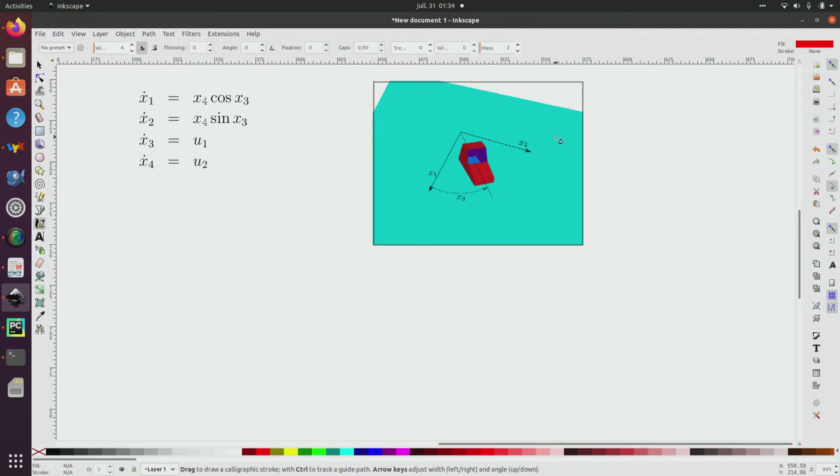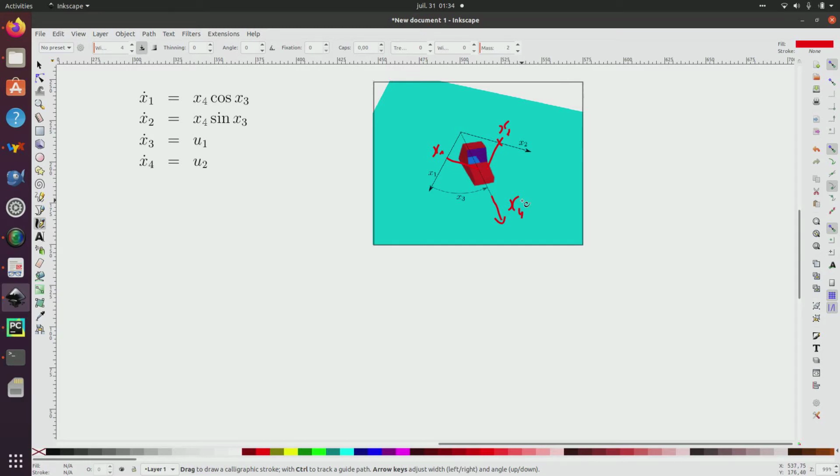So here is my car, where x1, x2 correspond to the coordinates, the heading is x3, and x4 is the speed.